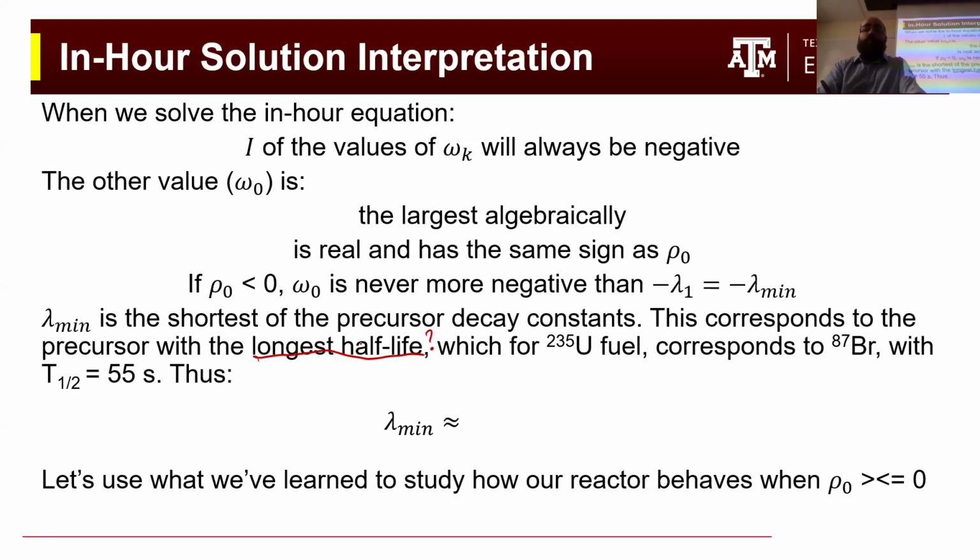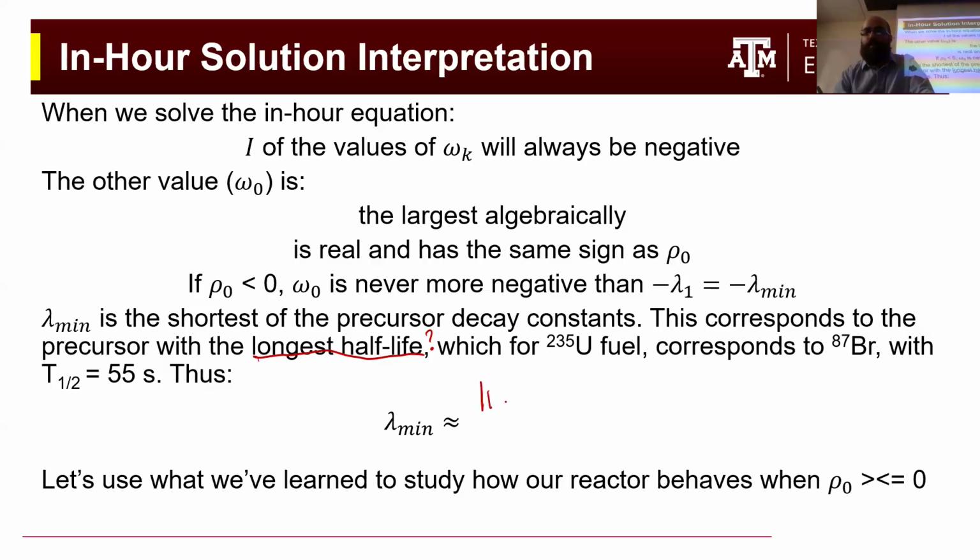But either way, the lambda minimum is going to correspond to the group that has bromine 87 in it. Bromine 87 has a half-life of about 55 seconds. So the lambda minimum is going to correspond to that half-life. And we know that the relationship is ln of 2 over the half-life.